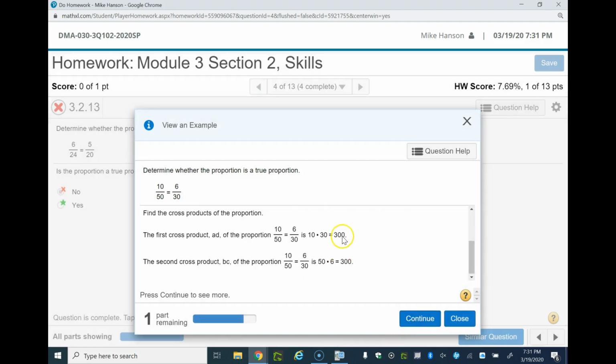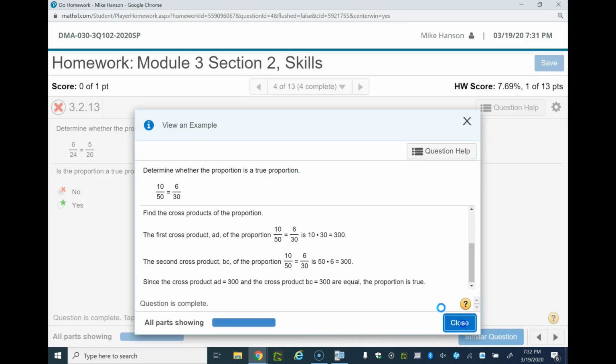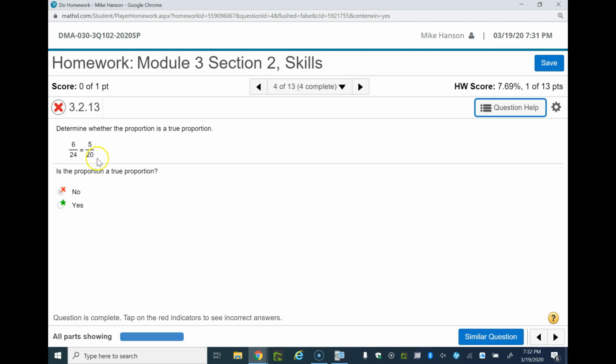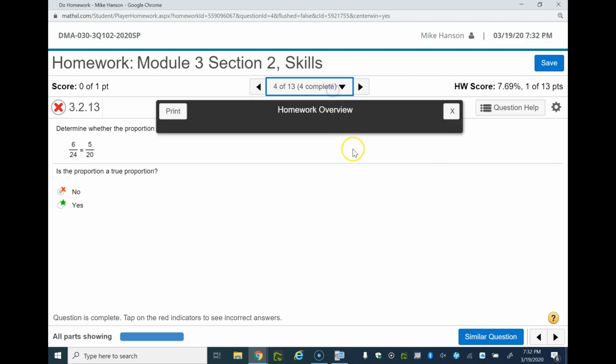If they both equal the same number, in this case where both equal 300, then you would click the box, yes, that is proportional. So that's pretty much all you have to do when the direction asks you to determine whether it's proportional. All we're doing is multiplying the numbers diagonally to see if they are equal to each other.